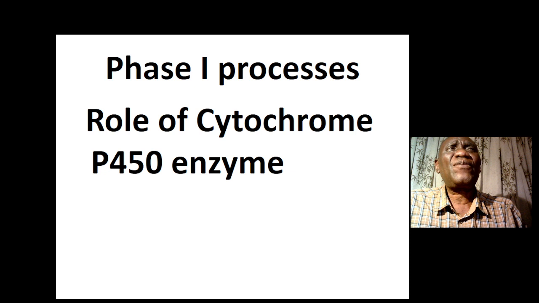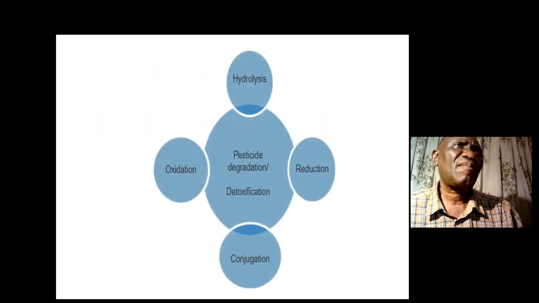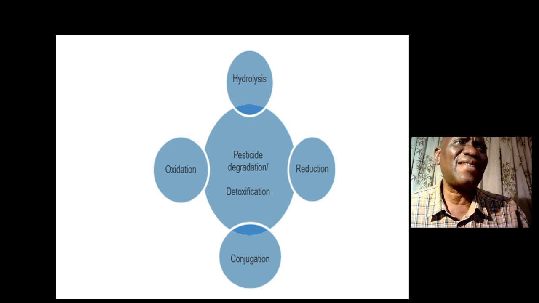But we have got the role of cytochrome P450, which by far does a lot of changes to the pesticide. This one is really involved with the pesticide degradation. We have got 3 major processes which can be facilitated by this enzyme.